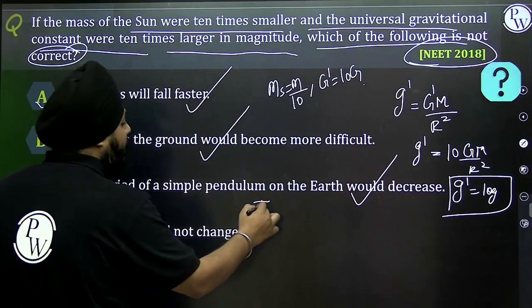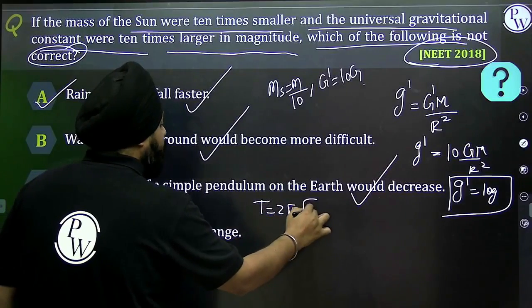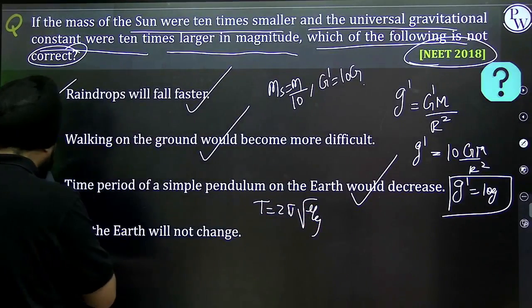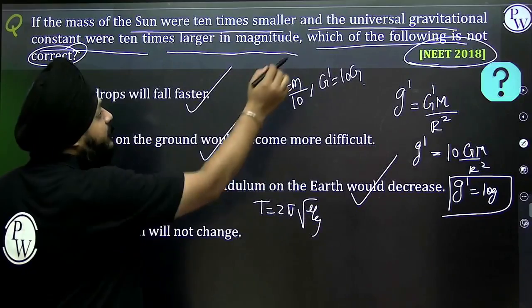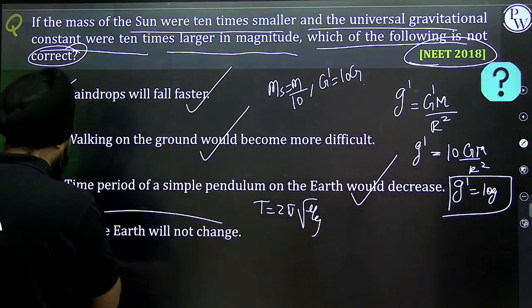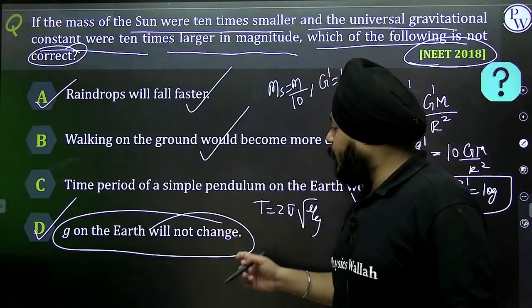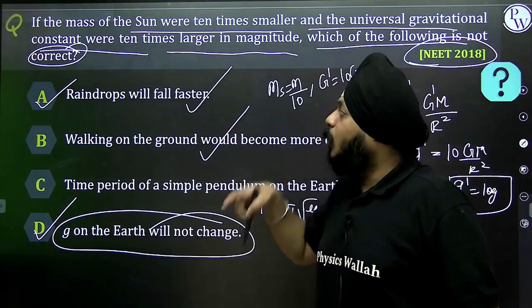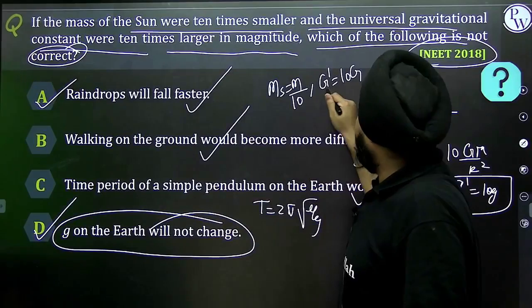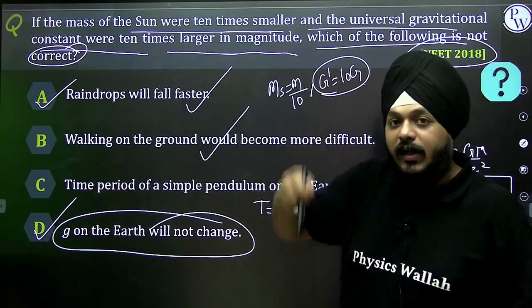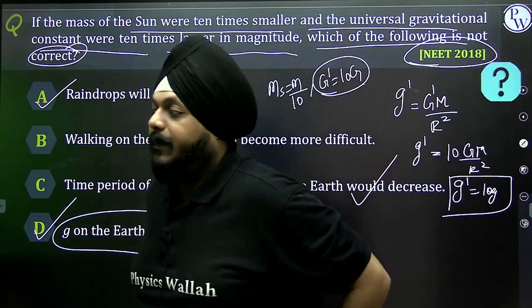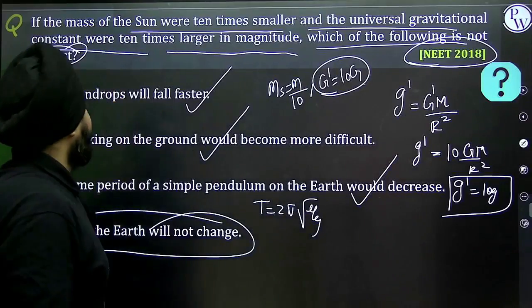Yes, T is directly proportional to under root of L by g. g will be high, T will be less. We have to select which is not correct. The value of g on the earth will get changed, because with the mass, the gravitational constant is also getting changed. That's why.